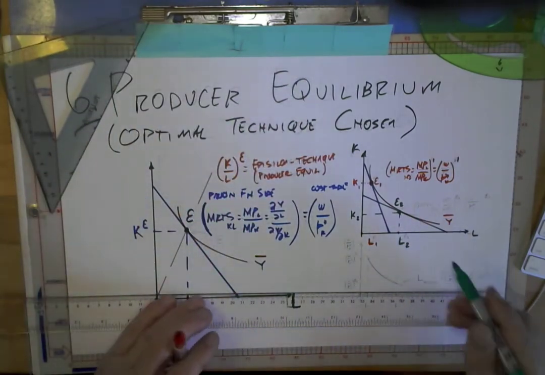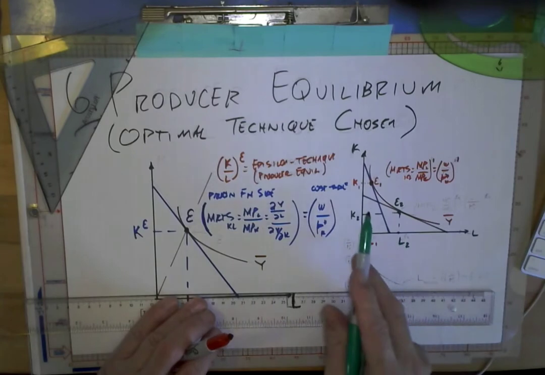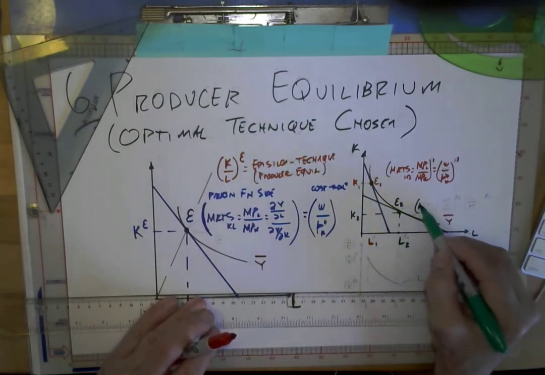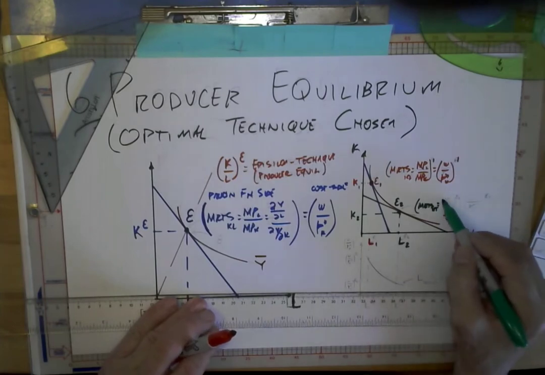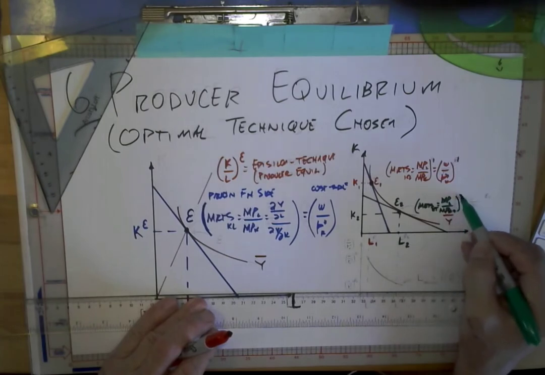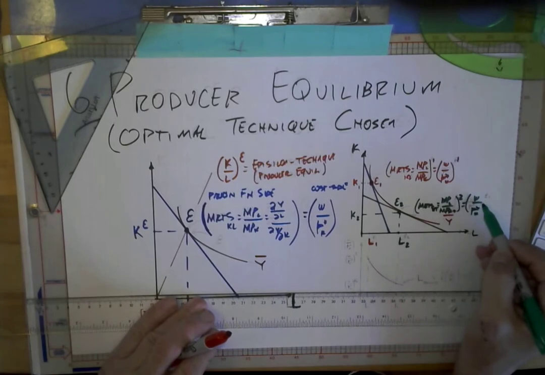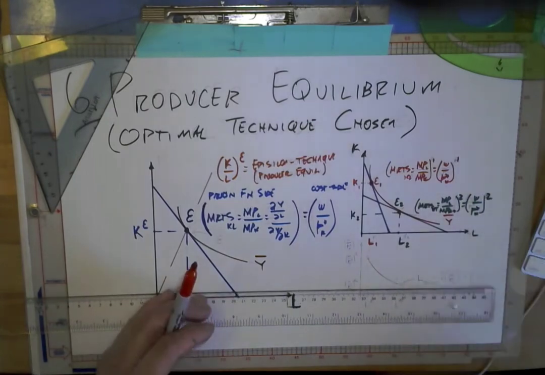And for the second technique at the lower wage, the technique changes, and the marginal rate of substitution of the second technique is equal to the relative wage rate of that second technique.